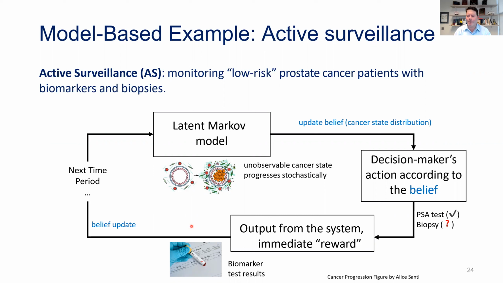So there's a cost of harm from biopsy, and there's a cost of delayed detection of a high risk cancer because you're putting the patient at risk. And so we've used a weighted reward function for some of the studies that we've done. And then you go to the next time period and update the model. So some transition occurs, some observations are collected, you get an updated belief, and you move on from there.